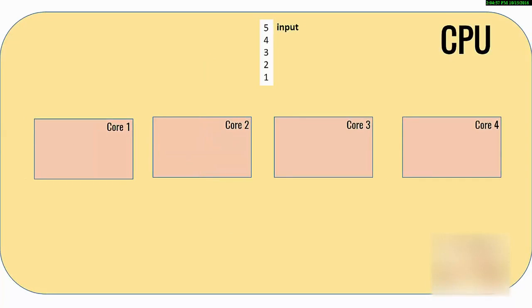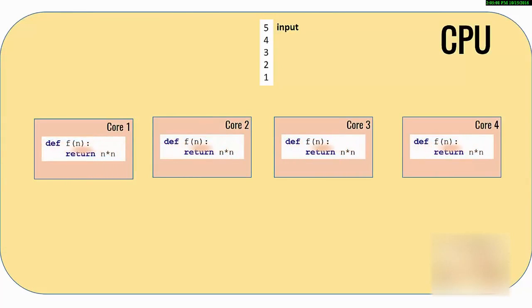Let's say you have input, you have 4 cores, and somehow you can deploy your code on all the cores, and then divide your input between all these cores. Here I have 1 2 3 4 5, so I just divided all the numbers between the cores. I have more numbers than the number of cores, so this one is getting 2 numbers. But essentially you are dividing the work equally between all these 4 units.